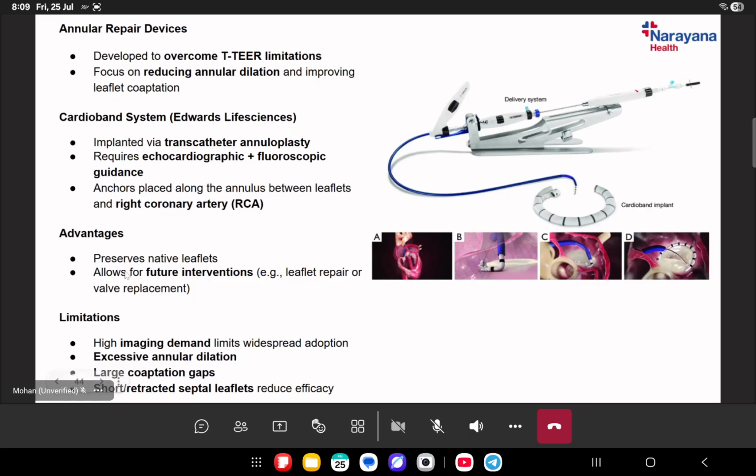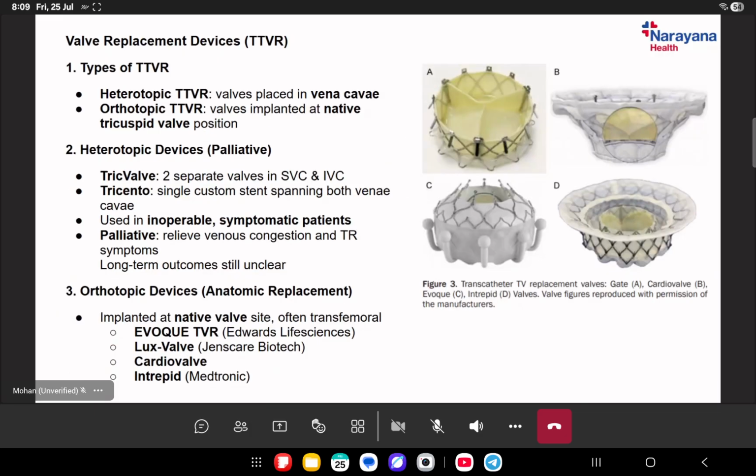The advantage is that it preserves the native valve and allows for future interventions like leaflet repair and valve replacement. Limitations are high imaging demand, which limits widespread adoption; excessive annular dilatation and large coaptation gaps cannot be corrected. Short or retracted septal leaflets reduce efficacy.